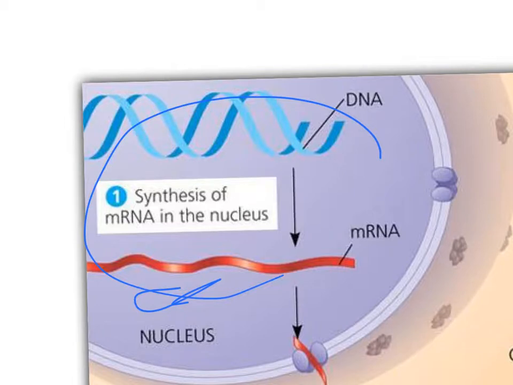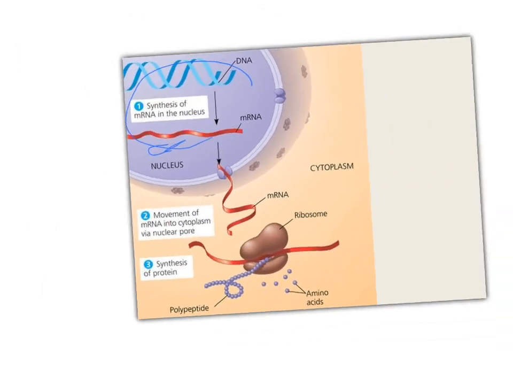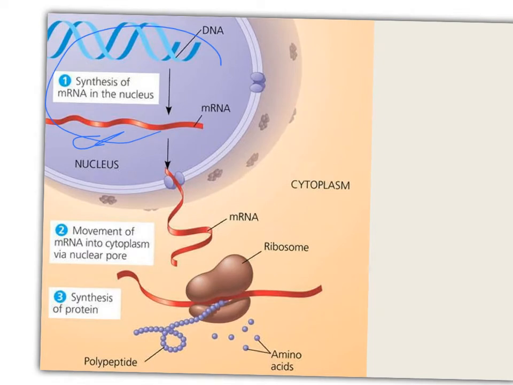So what I mean by transcription is that this is a cytoplasm. That's the outside of this. That's not the outside of the cell, but it's the outside of the nucleus, where all the mitochondria are. And inside is the DNA.